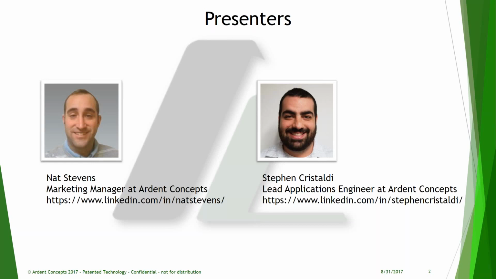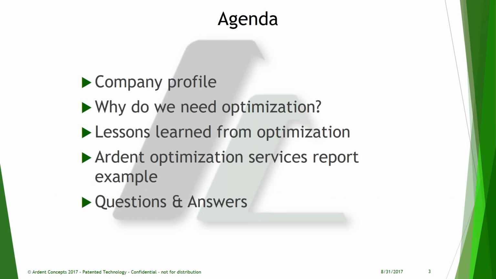Before we begin, we do want to review the agenda. First, we'll look at a company profile, a snapshot of Ardent Concepts, who we are and what we do. Then we're going to take a look at why we need optimization, the factors causing the need for launch optimization when developing these systems, especially high-speed systems. We'll review the lessons learned from optimization.